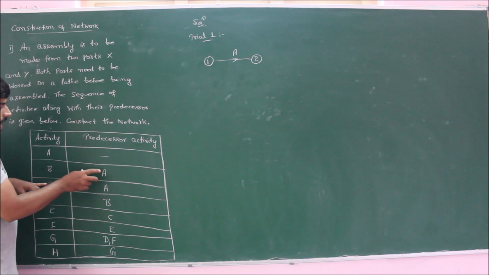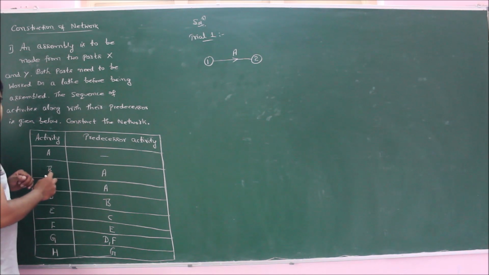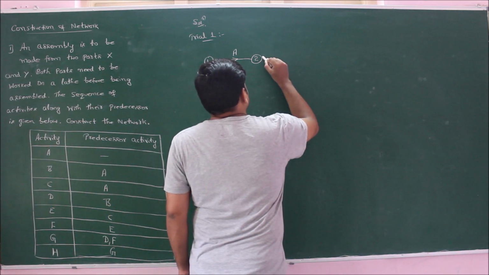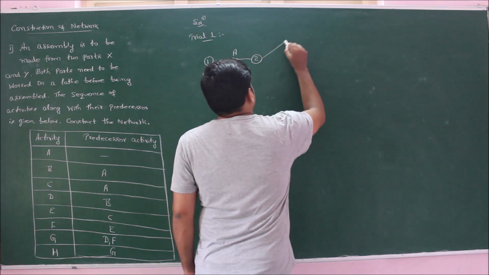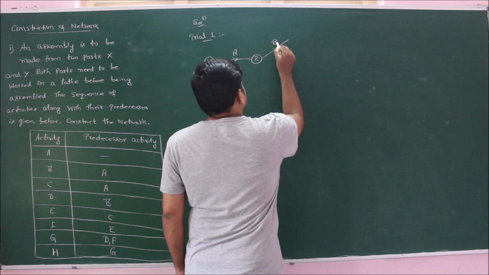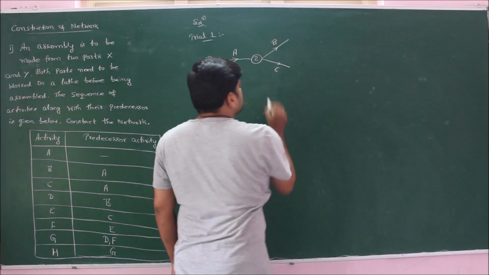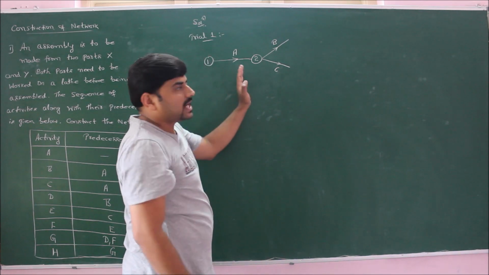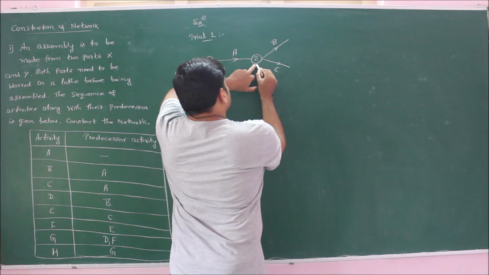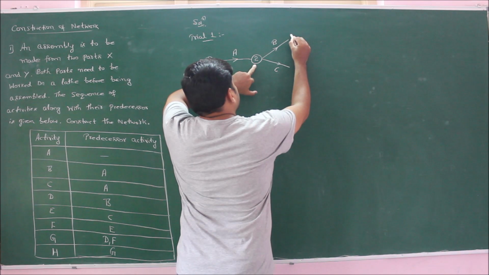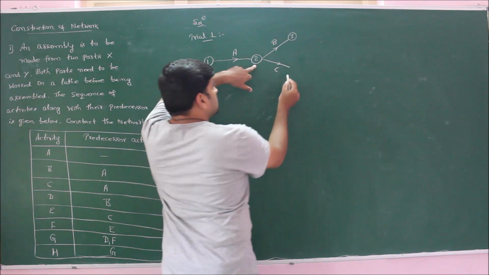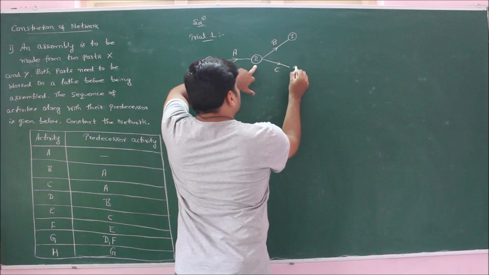So from activity A, we have two activities, B and C. As per Fulkerson's rule for numbering the event, the head node for activity B will become 3, whereas the tail node is 2, 1 less than the head node. And for C, we have 4.